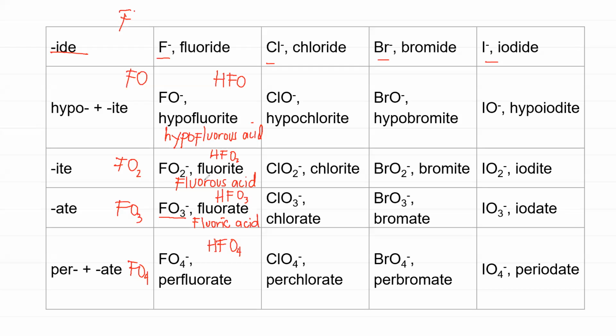Pero paano kung +1 sa base? This one is our base here. +1, naging O4 siya instead O3. HFO4. Perfluoric acid. Okay, this is the time we'll use the per, pero ang ending niya is IC. So, perfluoric acid.